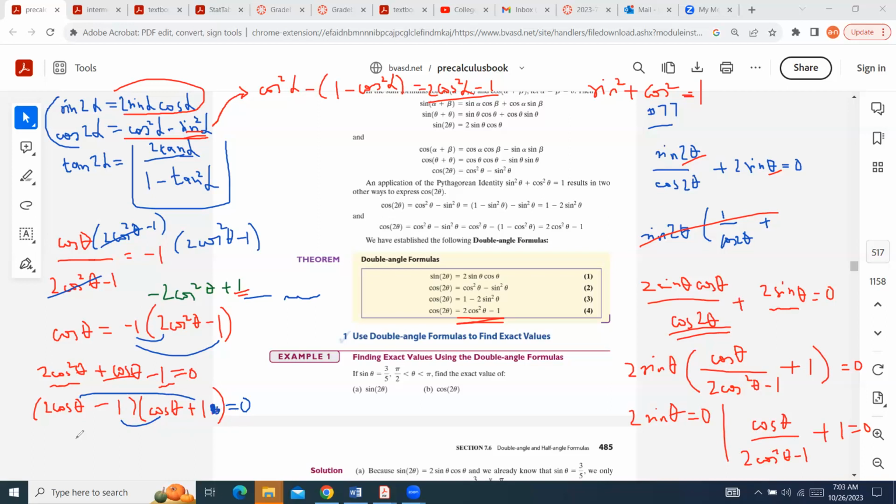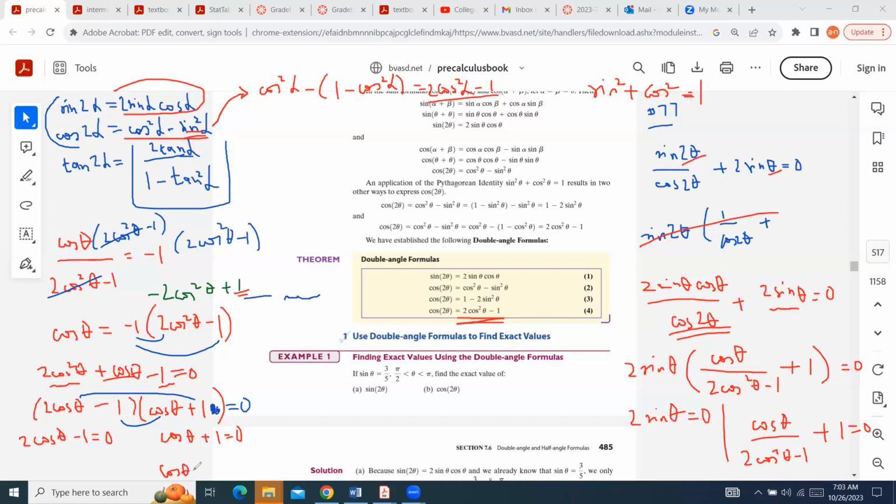So we now set each of these two expressions separately equal to 0. So either 2 cosine theta, right? I'll write it a little bit slower so you can better see what's going on. And cosine theta +1. And finally, we end up with two more equations to solve.